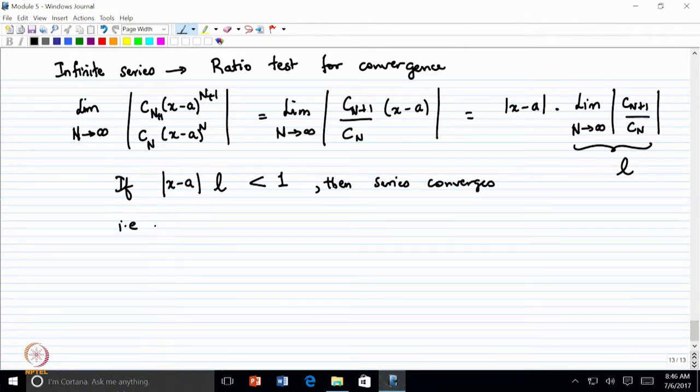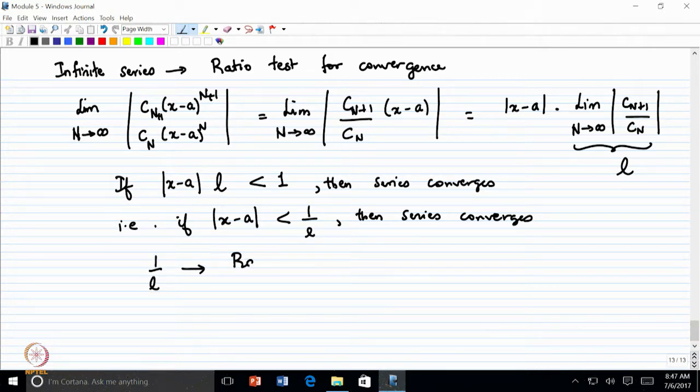That is, if |x minus a| is less than 1 by L, then the series converges. Now this value of 1 by L is referred to as the radius of convergence.